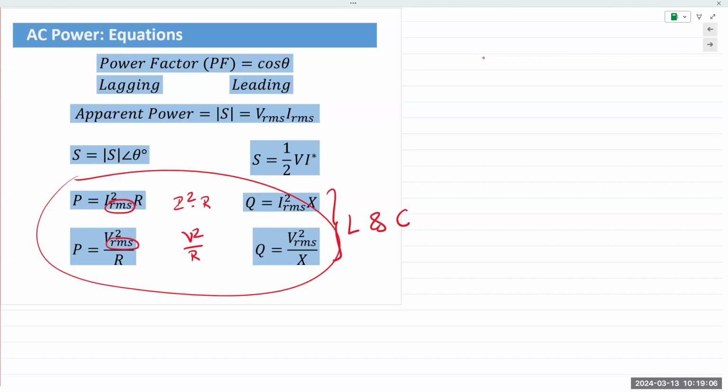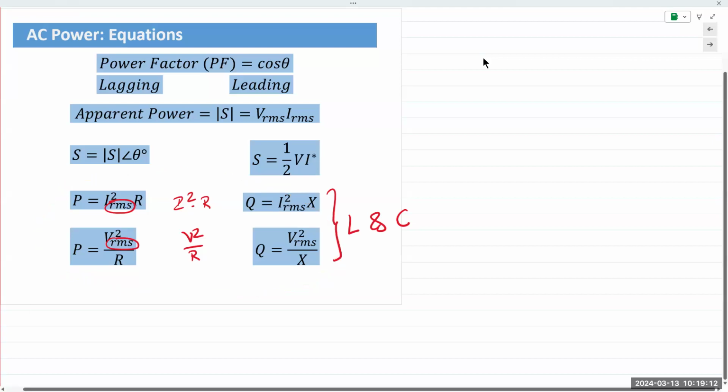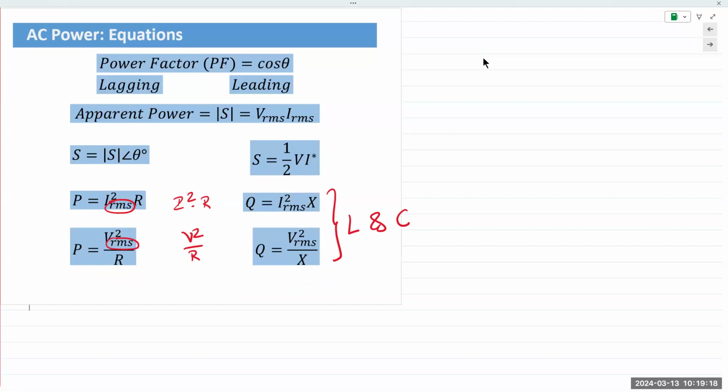Now, total complex power, S, is the sum of the real power P and the reactive power Q. Simply P plus Q, but mathematically we use complex numbers to make the math easier, so it's P plus jQ.